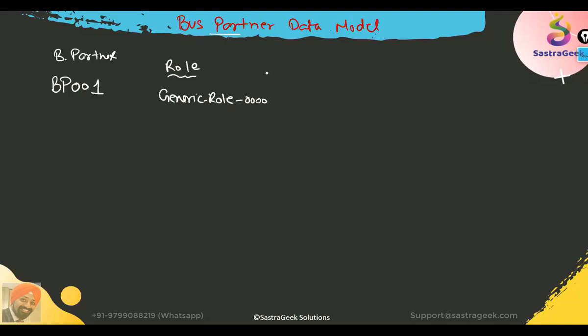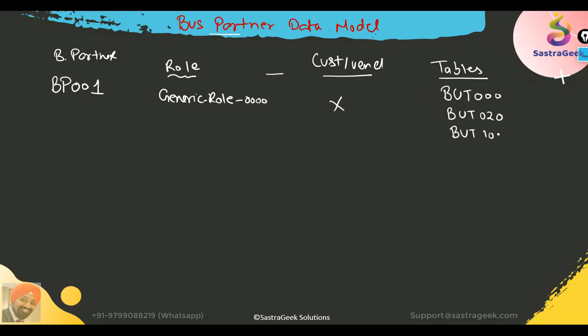Okay. So any customer or vendor do we have at this time? Did the system create any customer or vendor? No. There is no customer or vendor. There is just a business partner. Then what are the tables which will get updated? Here your main table, the first table is BUT000, and then you are having a table BUT020 and BUT100.